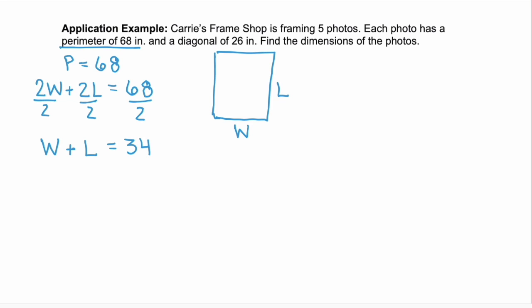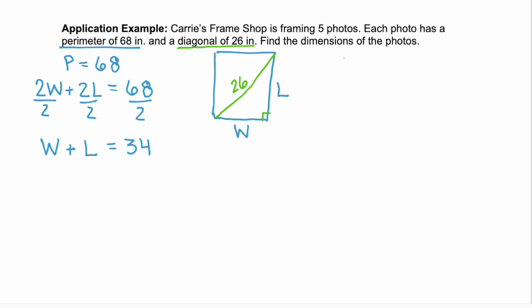Okay, the next thing we know, there's a diagonal of 26 inches. Well, that would mean that this is 26 inches. If this is a picture frame, we should have right angles. Well, when we drew that diagonal, we created a right triangle.